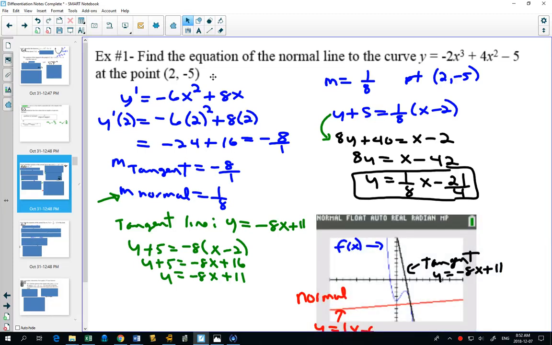Here's a picture of what's happening. We had our curve. We have our tangent line in black. And then our normal is at a 90° angle to that tangent line. And that's the equation that we found.